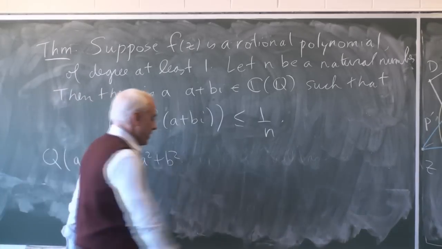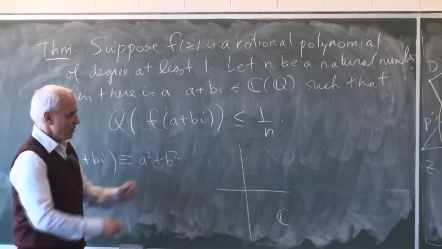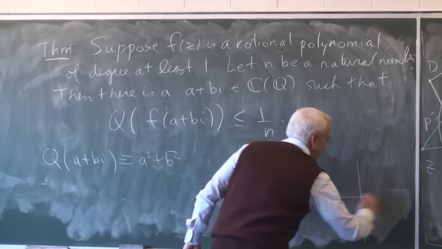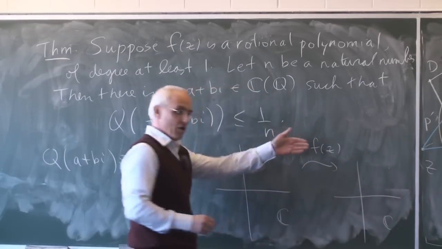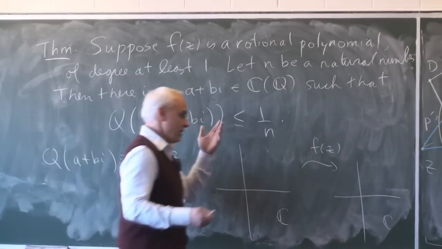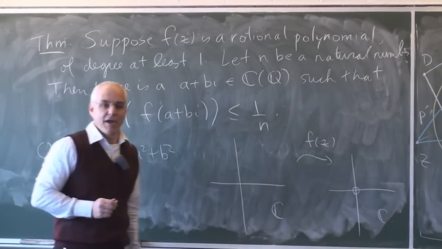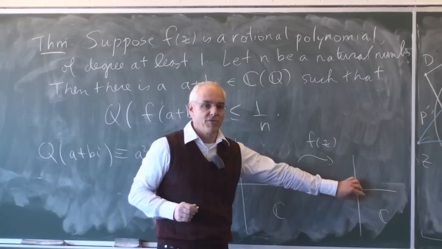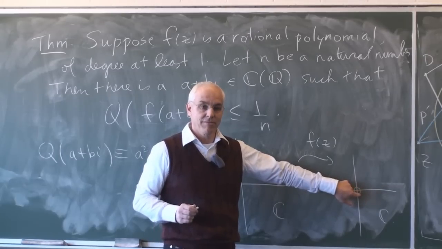So what is it saying? It's saying that if we think of the function as a mapping from complex numbers to complex numbers, it's our polynomial, then you give me an n, let's say 1 million. That means I'm going to have to draw a little circle around there, which is the quadrance. Those complex numbers have quadrance less than or equal to 1 million.